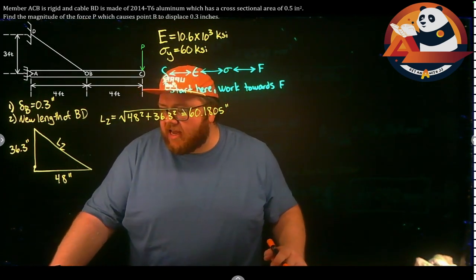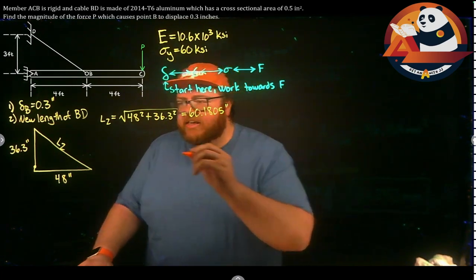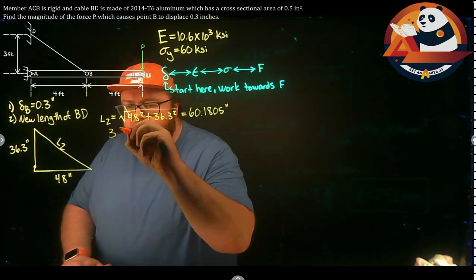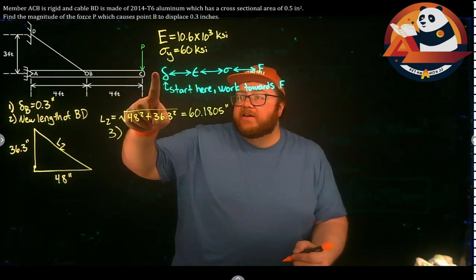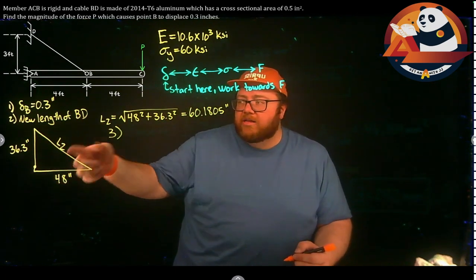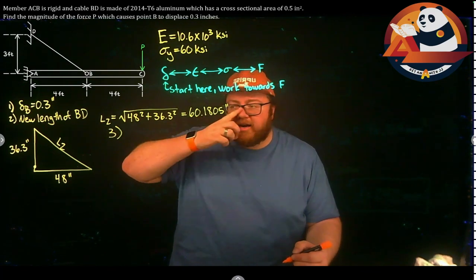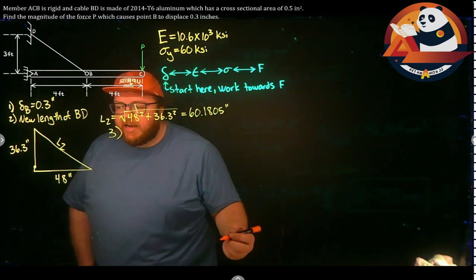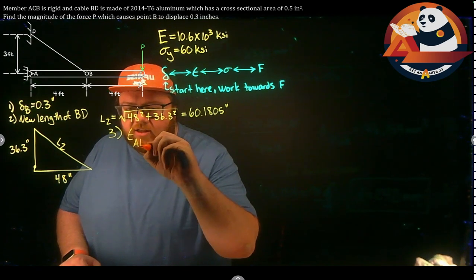On my next step, we'll try to squish things together a little bit. Let's say my step 3 is, if I have that new length, well, I have enough then. My strain is delta L over L, so I can get my delta L over L figured out right here. So what's my strain in the aluminum?